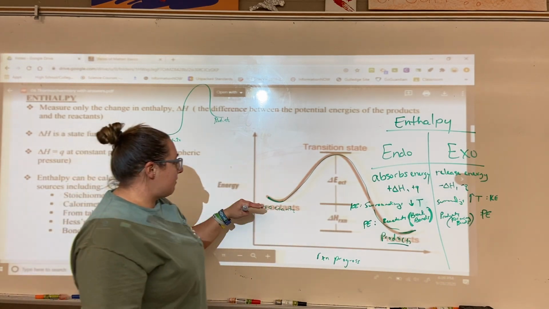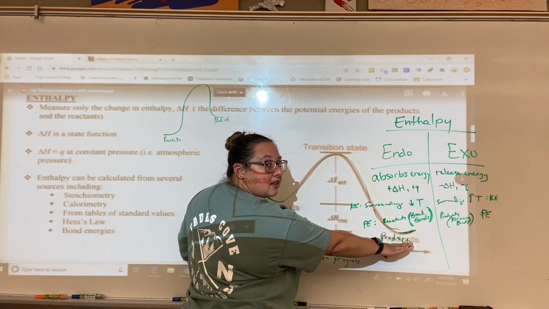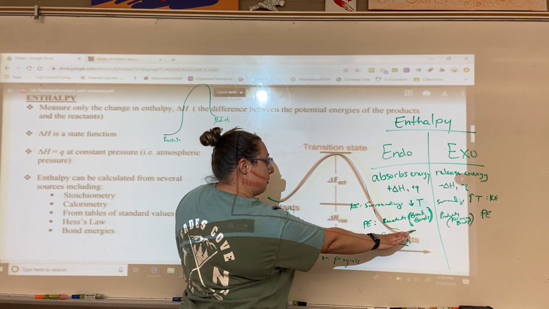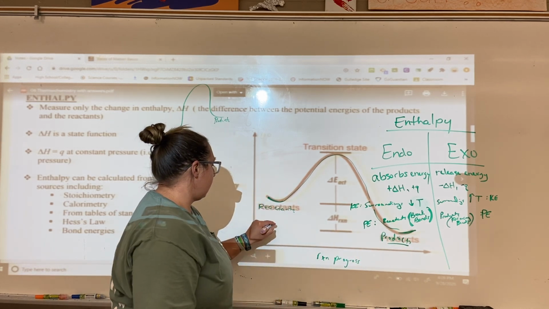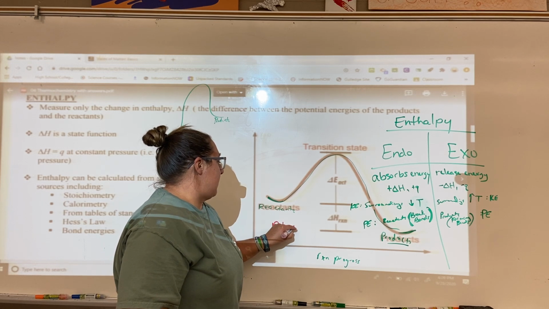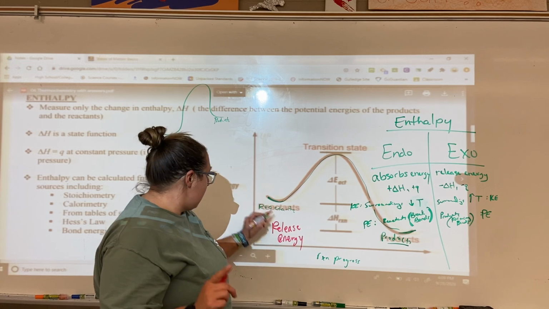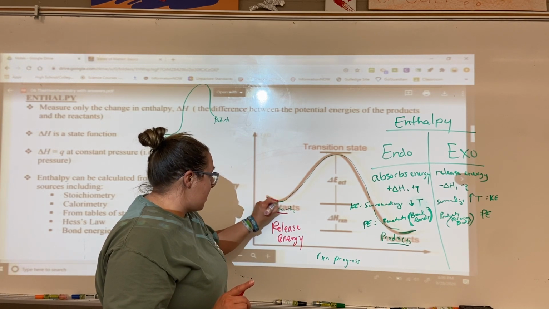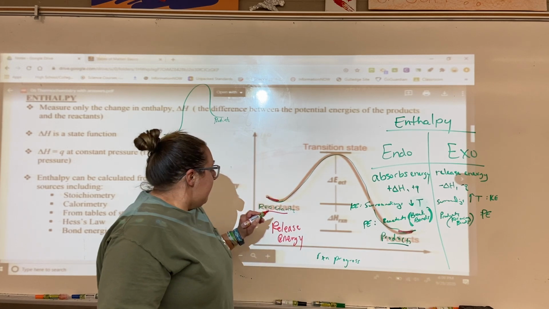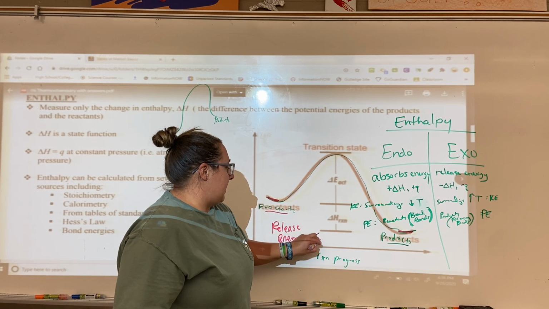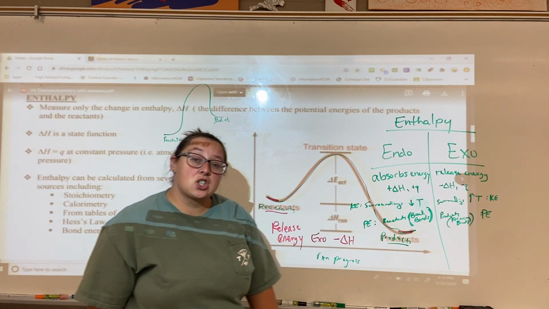So if my reactants are starting at a higher energy state than my products, what has happened is I have released energy. Because my reactants are higher than my products' energy state, the reaction is exothermic, and therefore I get a negative delta H quantity.